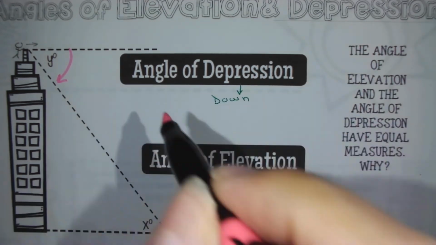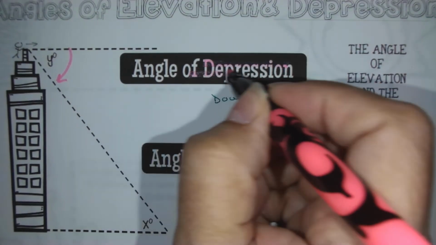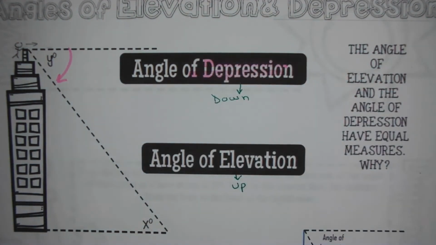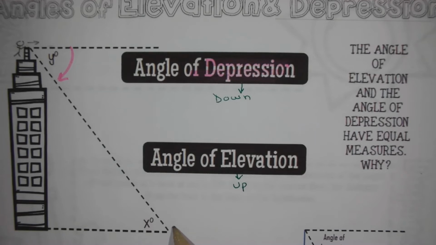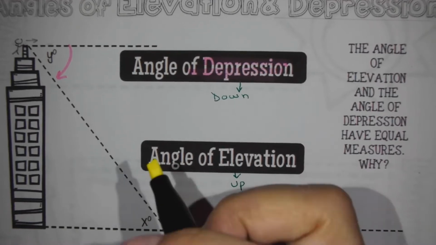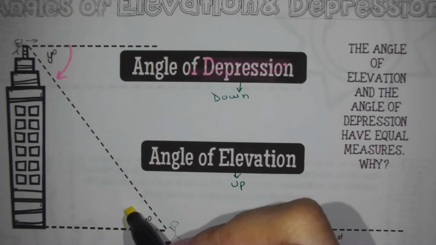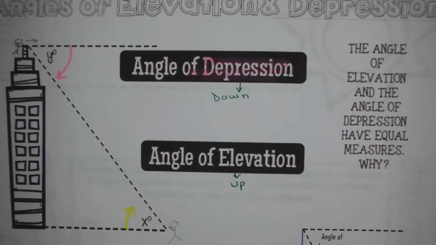And that would be the angle of depression. The other way would be if you're standing at the bottom and you're having to look up. So then your angle would be elevation because you're looking up.